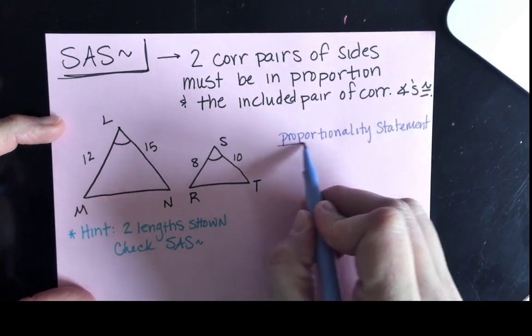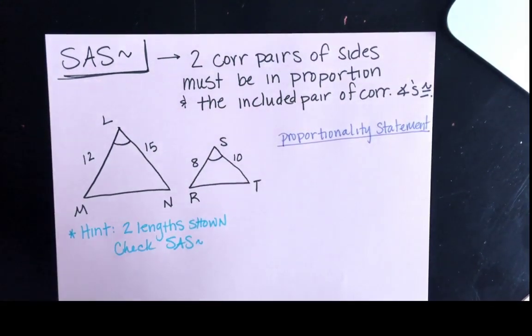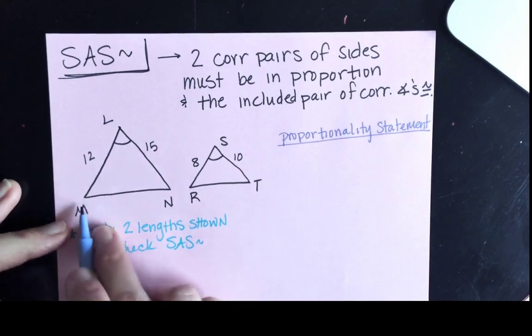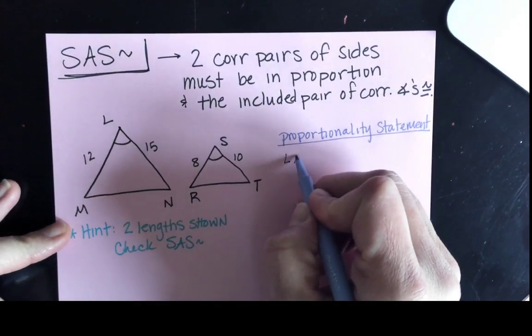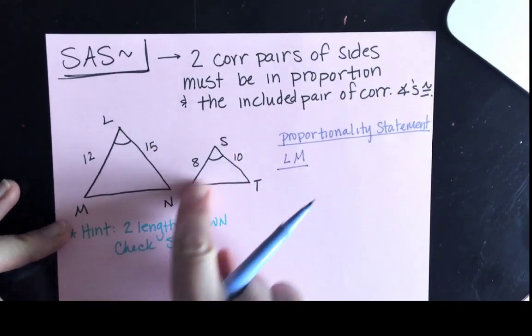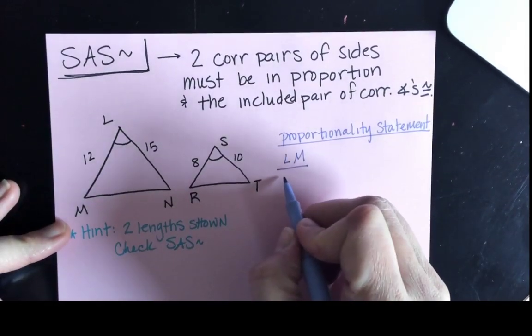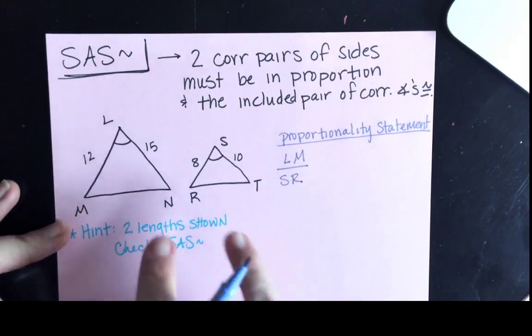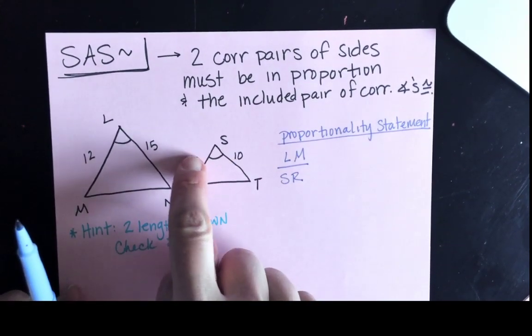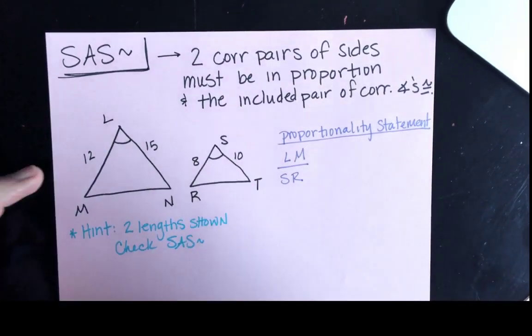And we again don't need to guess what matches with what. It should be the longer side matches with the longer side, the shorter side matches with the shorter side. So if I'm looking here, LM is the shorter of these two sides, so it must correspond with SR. And had I flipped this triangle and put the 8 over here and the 10 over here, you would have then matched it differently.